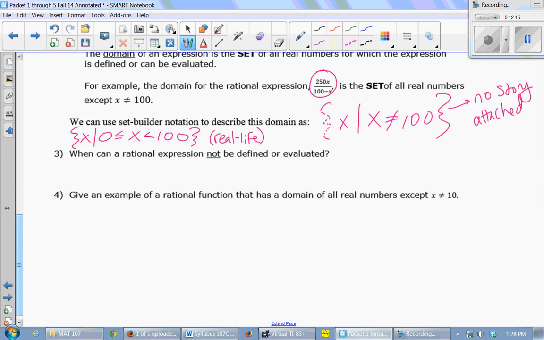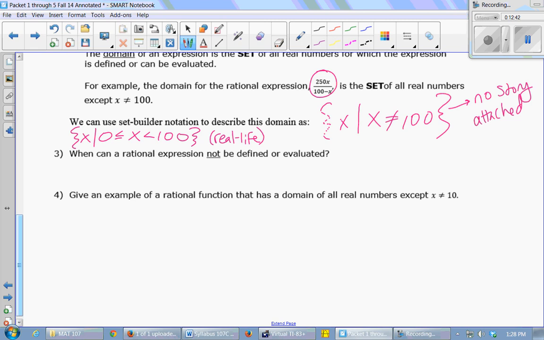Yes. Why is it different? Okay, so forget the story for a second. You look at this expression, 250x over 100 minus x. The only thing that would make that expression break is if I tried to put a 100 in for x, because I'd get a 0 denominator. If I put in 300, you can do 100 minus 300.